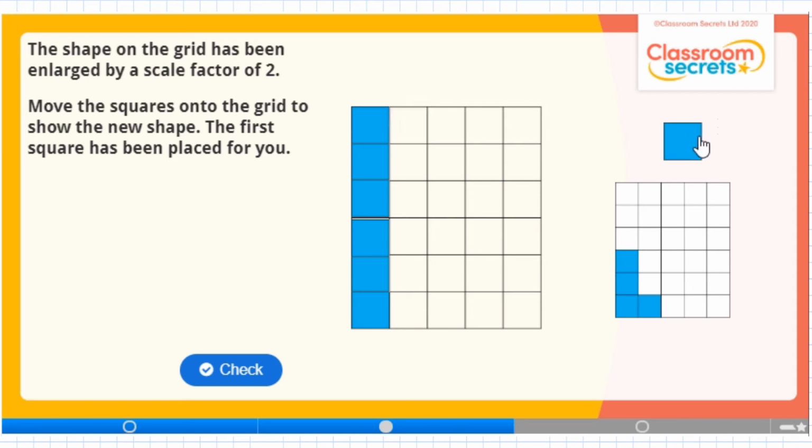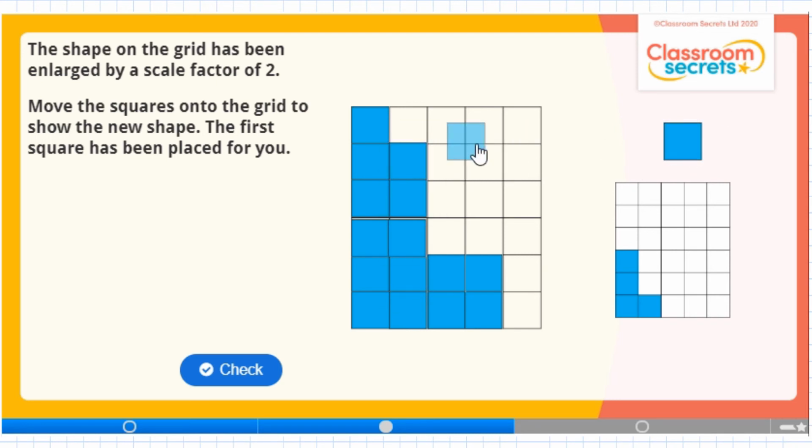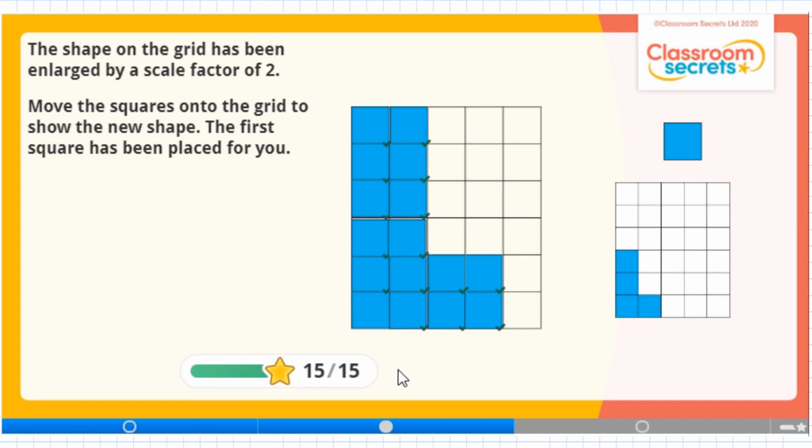So that's double the height, and then instead of 2 along, it's going to be 4 along, and then it needs to be thicker as well, so we need to make it 2 high, and this part will be 2 wide. A scale factor of 2 means doubled. Every proportion would be doubled. Good, you got that right.